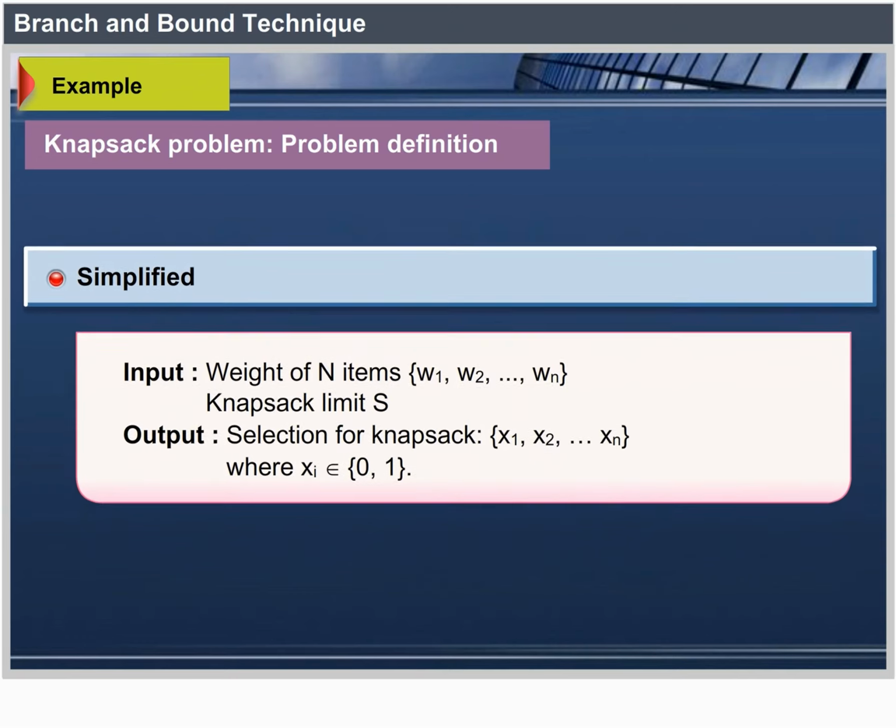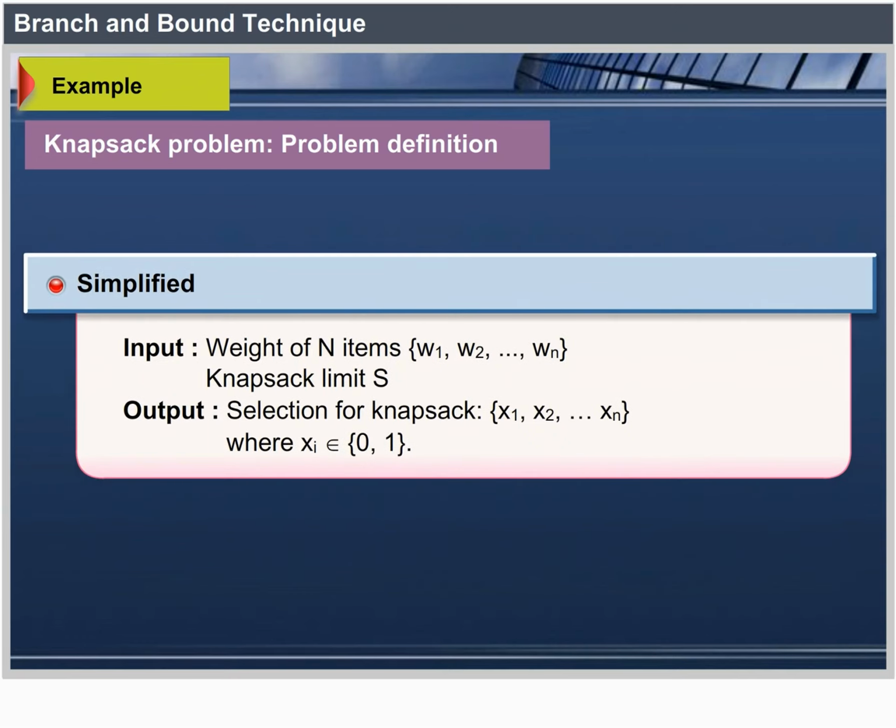Input: weights of n items W1, W2 up to Wn; knapsack limit S. Output: selection for knapsack X1, X2 up to Xn, where Xi belongs to {0, 1}.